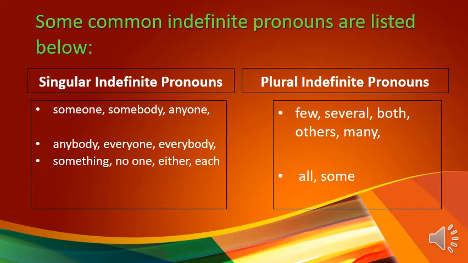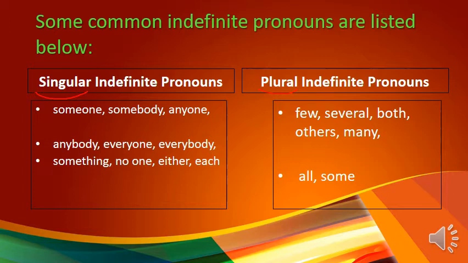Some common indefinite pronouns are listed below here. These are singular indefinite pronouns, meaning that in a sentence we use singular verbs, and plural indefinite pronouns mean that we have to use plural verbs with them.